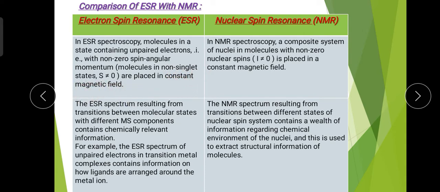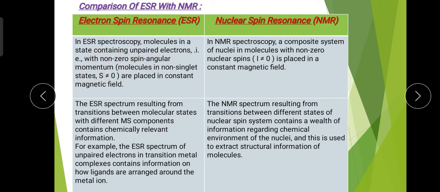We know that in ESR, if we have to investigate a sample, then we place the sample in the presence of an external magnetic field, which is a constant, uniform and strong magnetic field. But here we only consider the unpaired electrons in ESR spectroscopy, that means with non-zero spin angular momentum.